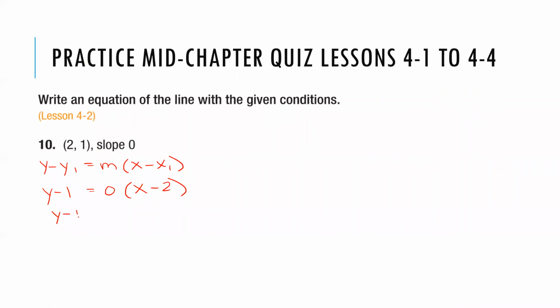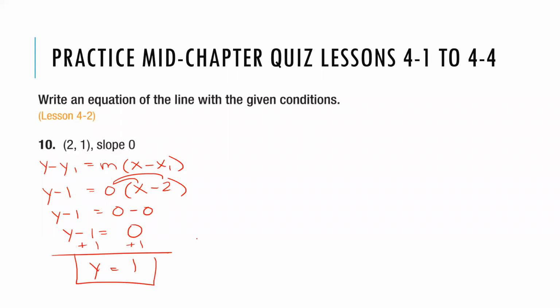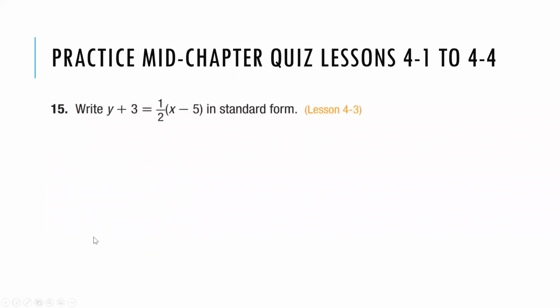So this is y minus 1. We distribute: 0 times x is going to be 0, and then 0 times negative 2 is going to be 0. So we have y minus 1 equals 0. We add 1 to both sides, and y is equal to 1. Okay? Let's keep moving here.